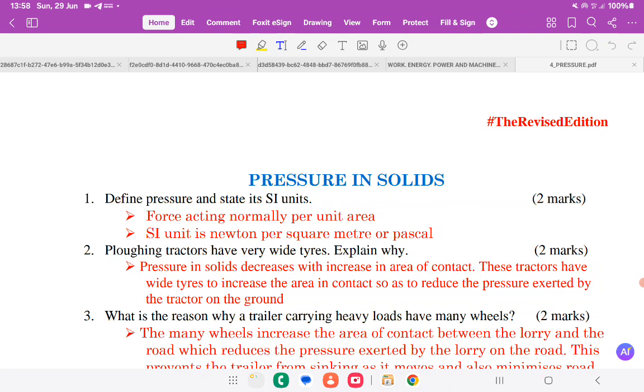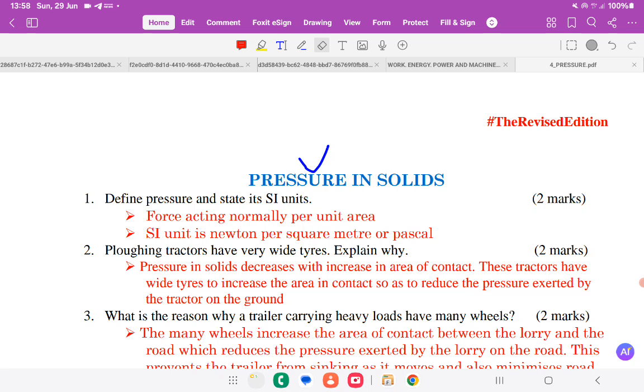Okay, so welcome to this topic. We are revising a topic called pressure. Question number 1 is saying define pressure and state its SI unit. So pressure is simply force acting normally per unit area, or simply force per unit area.